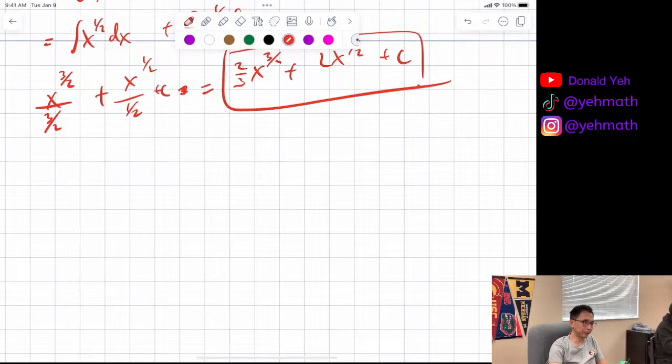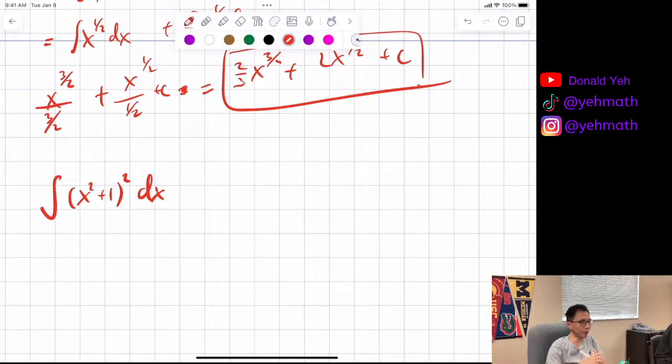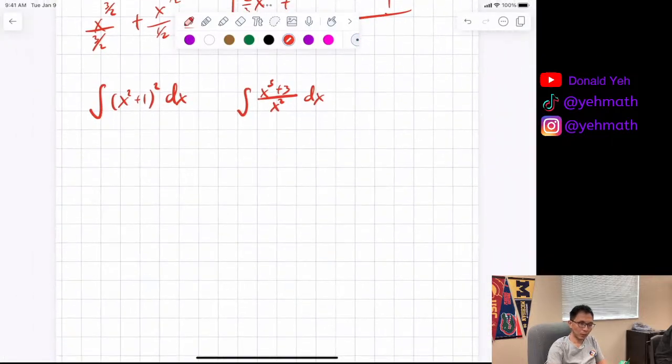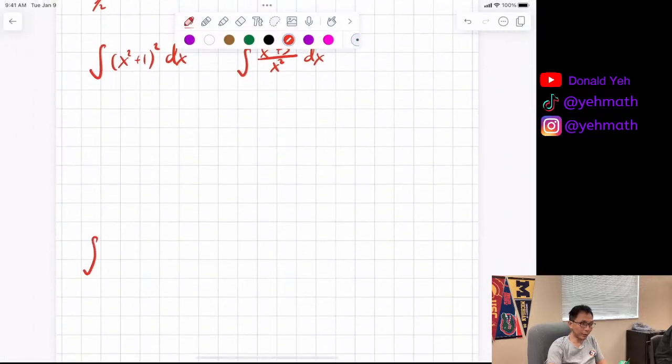Okay, so I'm going to give you a couple questions. I'm going to give you the integral of x squared plus 1, squared, dx. Remember, you only can use power rule. There's no other rule you can use around it. So you've got x cubed plus 3 over x squared. I can give you another two.